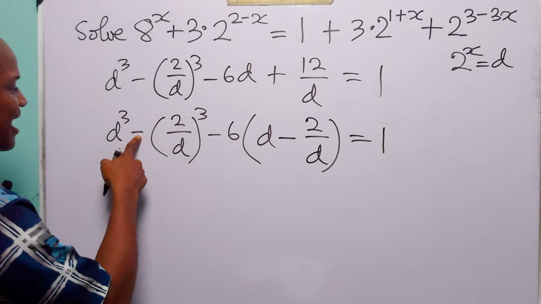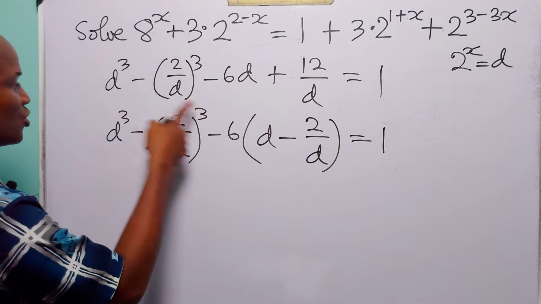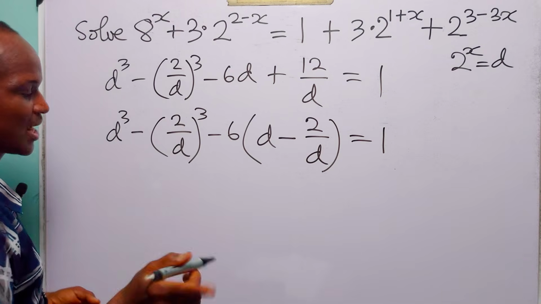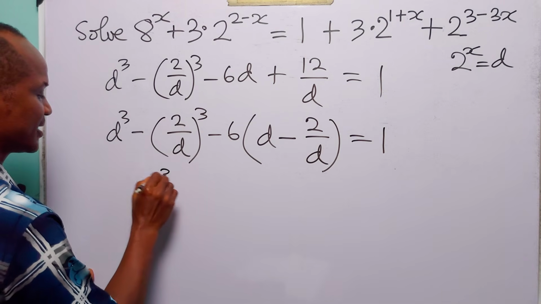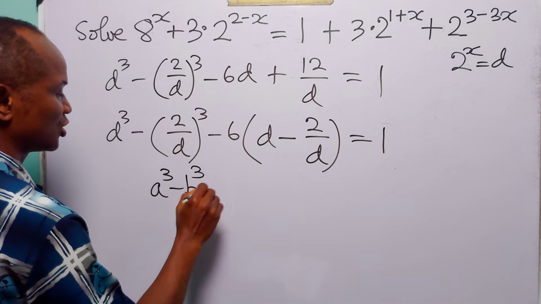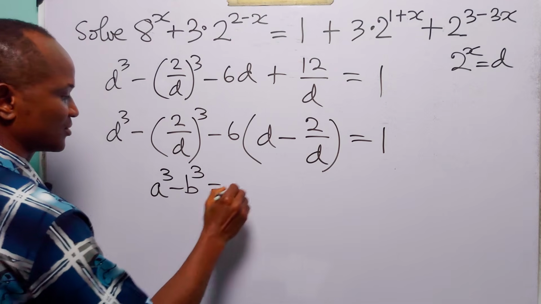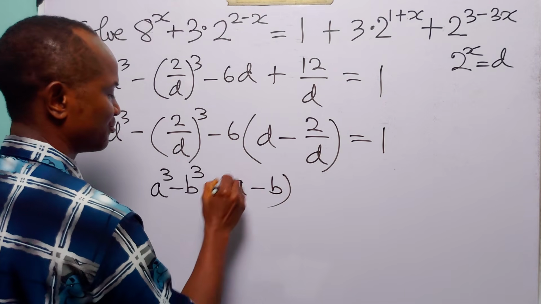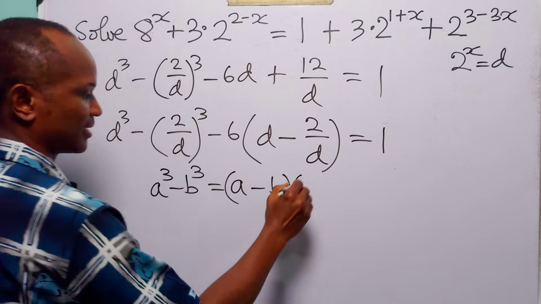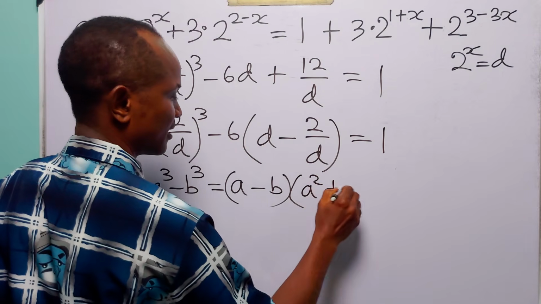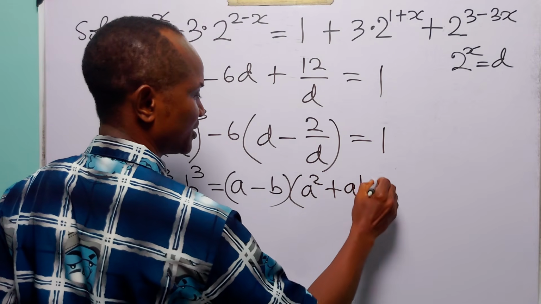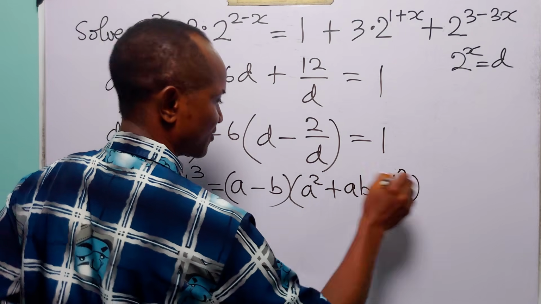Now, notice that here we have the difference of two cubes. And of course, you know that when we have a cubed minus b cubed, this is equal to a minus b multiplied by a squared plus ab plus b squared.